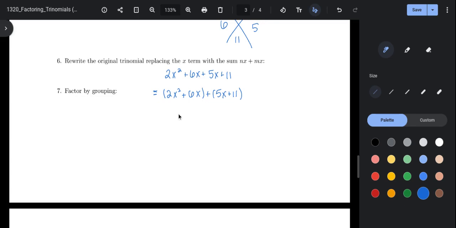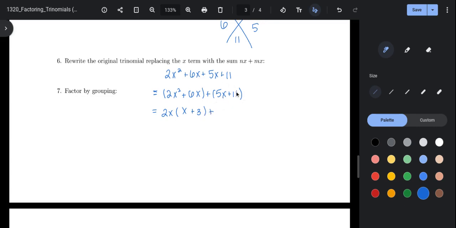All right, so remember when we factor by grouping, now we take each set of parentheses and we are factoring out the greatest common factor. So in this case, 2x squared and 6x are both divisible by 2x. So factoring that out, 2x times x gets us 2x squared, and 2x times 3 gets us 6x.